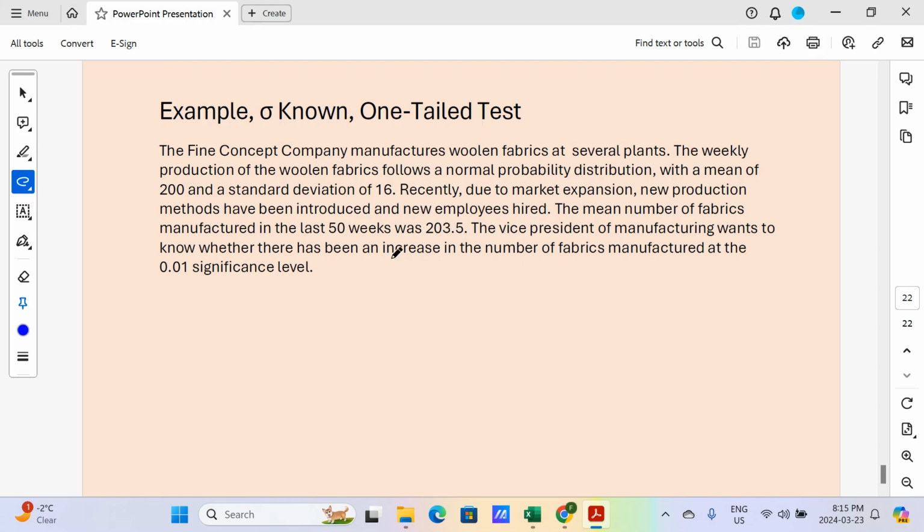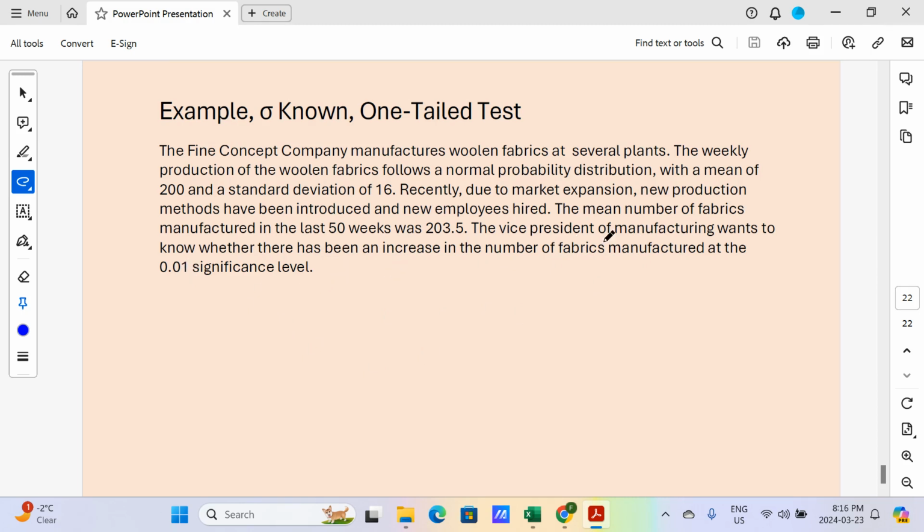Look at here, they have selected a sample of 50 weeks, and the sample mean for those 50 weeks was 203.5. The vice president of manufacturing wants to know if there has been an increase in the number of fabrics manufactured at the 0.01 significance level.